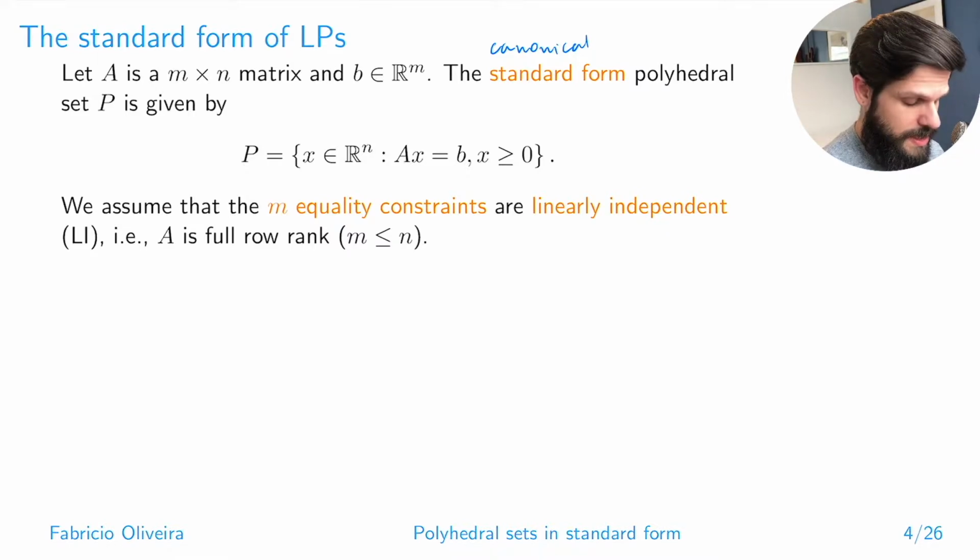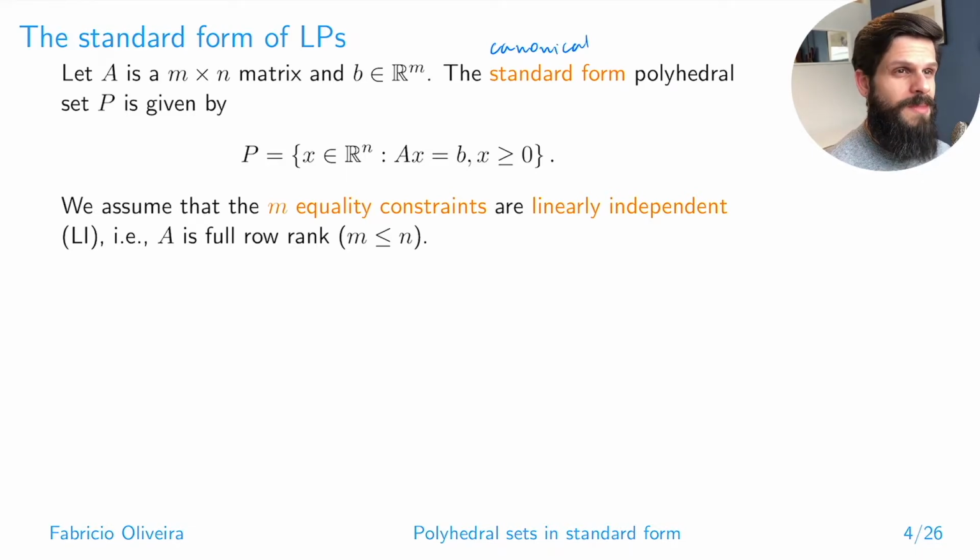What I'm trying to say is that sometimes people presume that your problem is in a specific form, for example with only less or equal than constraints, or greater or equal than constraints, and minimizing or maximizing, and call that a standard or a canonical form.